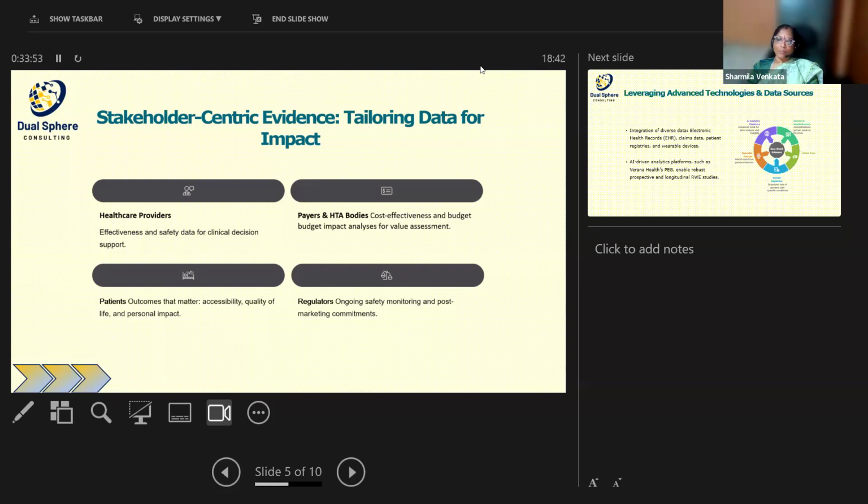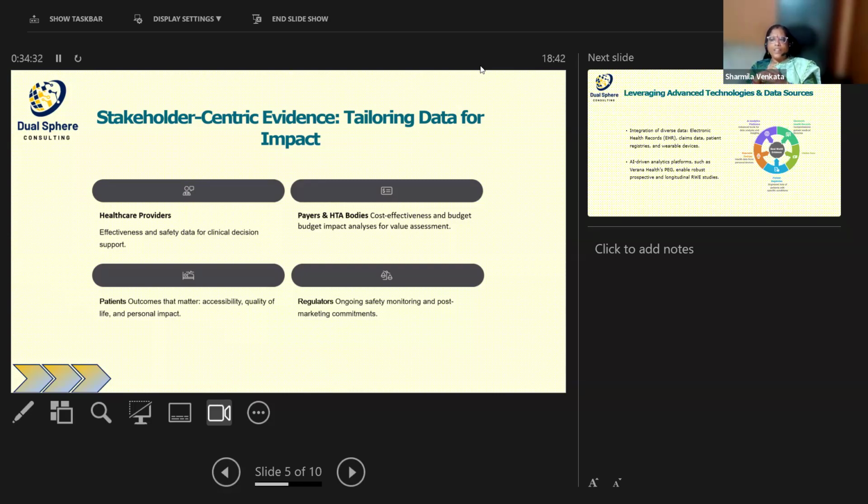And when it comes to regulators such as the FDA, EMA, or national drug agencies, they focus on ensuring the ongoing safety, efficacy, and quality of treatment after it's approved. So their main focus is, does the benefit-risk profile remain favorable over time? They want post-marketing safety data, long-term follow-up studies, and compliance with commitments made when the drug was approved.